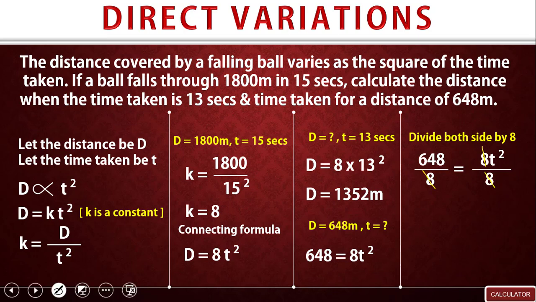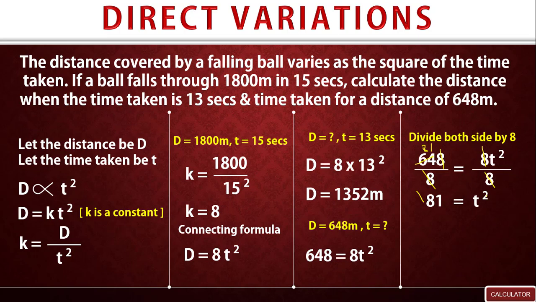8 can go in 64, 8 times, because 8 times 8 gives 64, and 8 can go in 8, that gives us 1. So at the left hand side we have 81. That means we have 81 equals t squared.